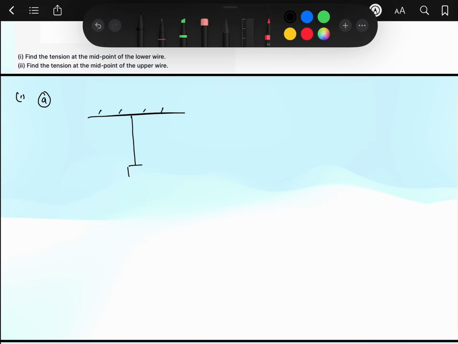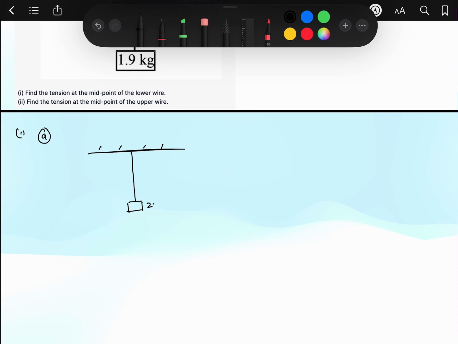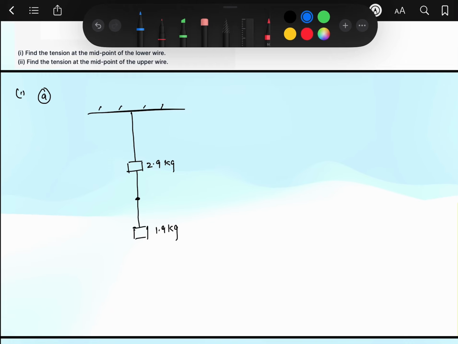This is the block of mass 2.9 kg, and this is the wire of length 1 meter, and this is another block of mass 1.9 kg, and we have to find out the tension at this point. So this length will be 0.5 meter and this length will also be 0.5 meter. So we have to find out the tension at the middle point of this lower wire.